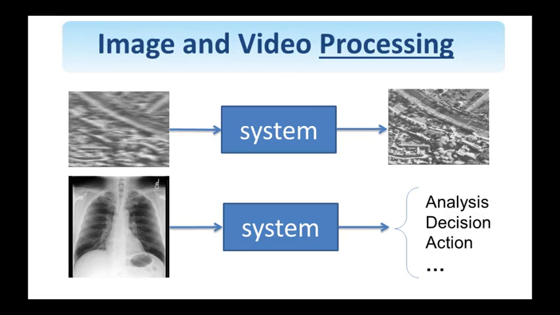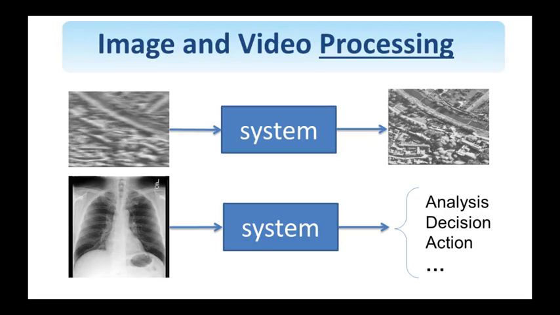Now, if an image is input and an image is output, this has been the narrow definition of processing, also referred to as filtering. And the broader meaning of processing that we adopt here is that an image or a video can be input to a system, and we're interested in extracting important features from such an image, or we're interested in making decisions based on the image.